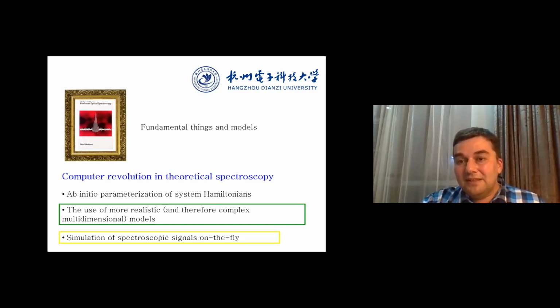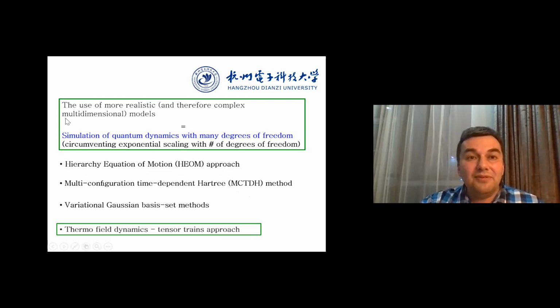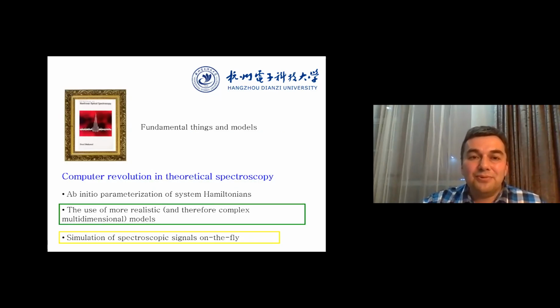That is why in this talk, I will be using the middle way, so to say: how to use realistic, ab initio justified Hamiltonians to which we can include many relevant vibrational degrees of freedom, and how we can fully quantum dynamically do the simulations and calculations.